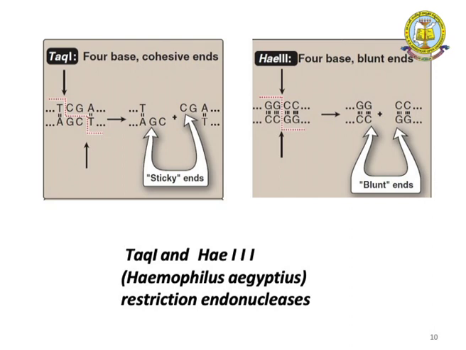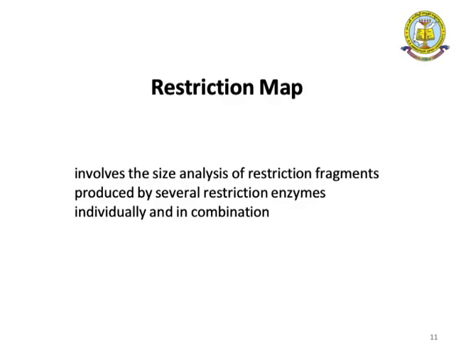Restriction endonuclease cuts at a recognition site of 4 bases, that is the restriction site or blunt site. What is the mapping of the restriction? It involves size analysis of restriction fragments produced by several restriction enzymes individually and in combination.